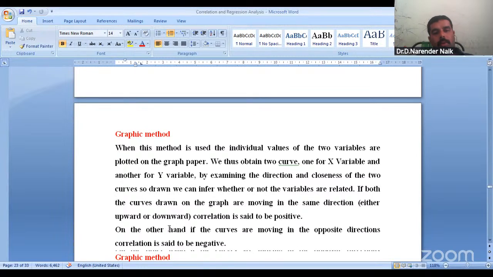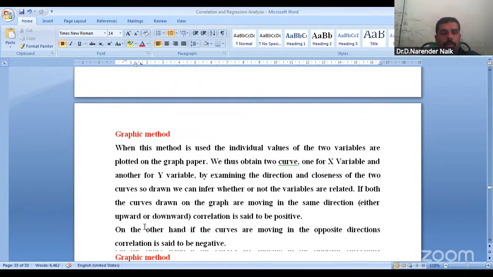Graphic method. When this method is used, the individual values of two variables are plotted on the graph paper. We thus obtain two curves, one for the x variable and another for the y variable. By examining the direction and closeness of the two curves so drawn, we can infer whether or not the variables are related.